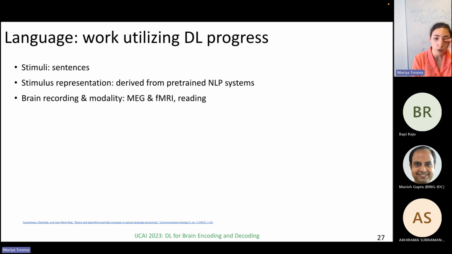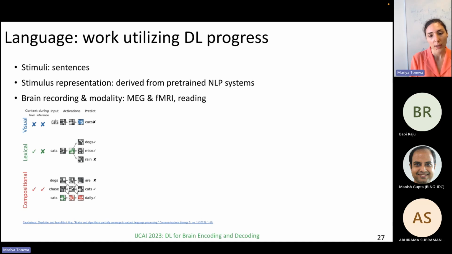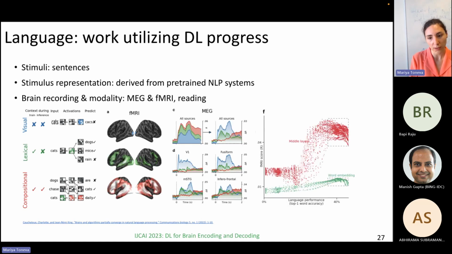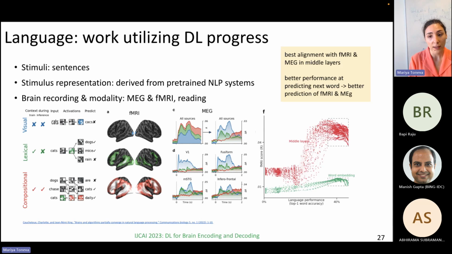And one more work in this direction, a follow-up from a different group. Here they looked at sentences specifically, and contrasted the MEG versus fMRI response during reading as well. They also used different kinds of models, and again found that the best alignment with both fMRI and MEG occurs in some of the middle layers.